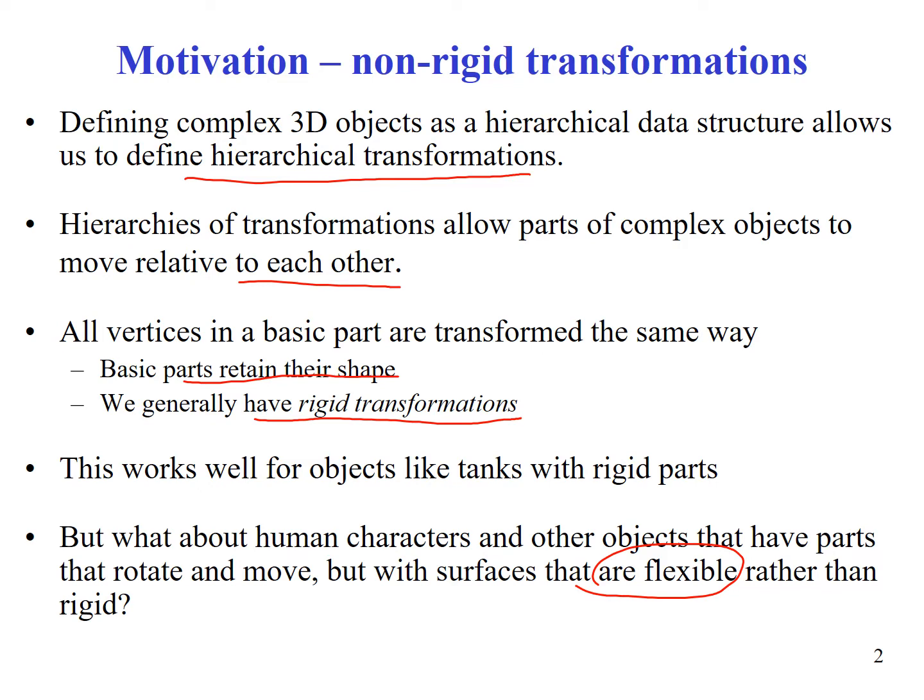Computer graphics can perform rigid transformations, but how can we capitalize on those rigid transformations and use them to simulate flexible transformations, such as the movement of living objects?